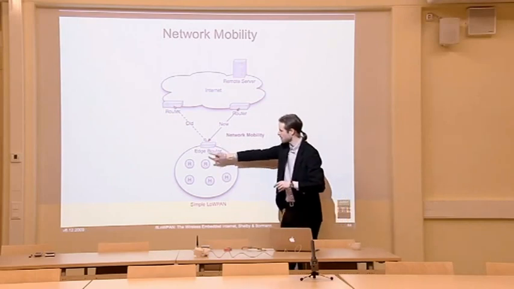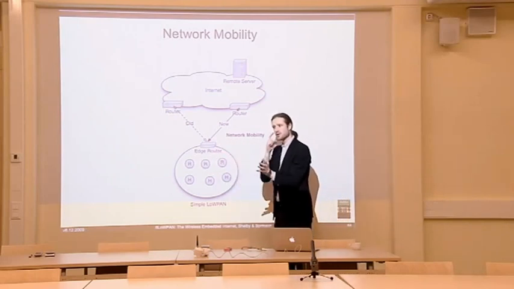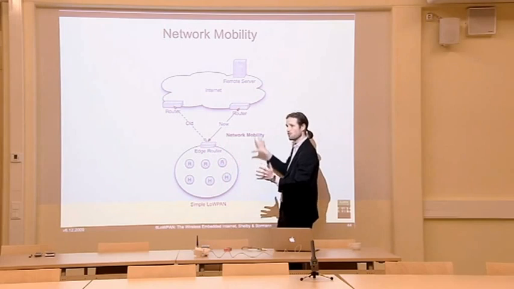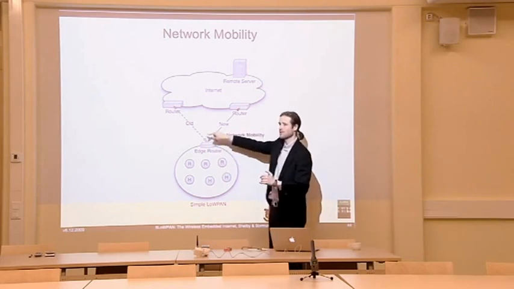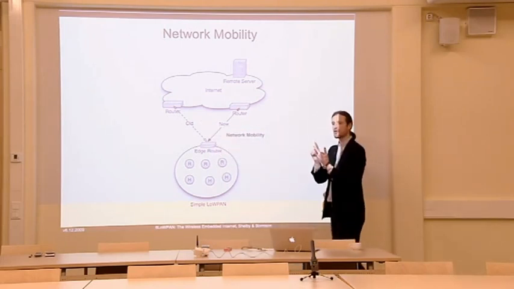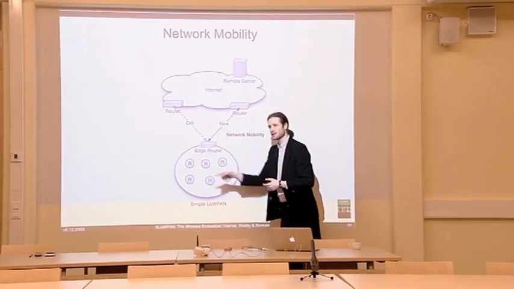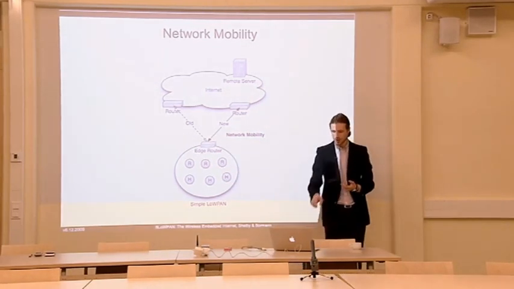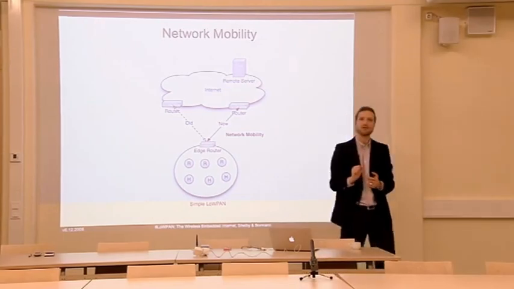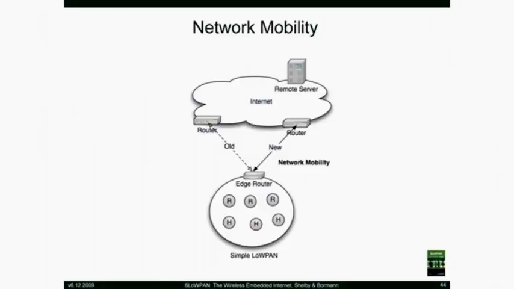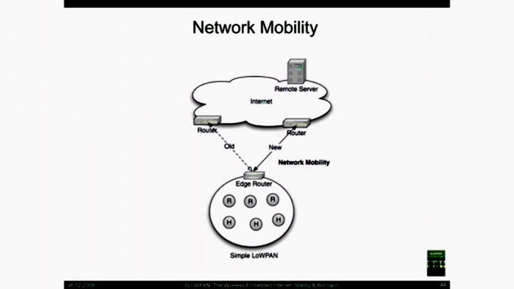So the edge router and all the nodes associated with it, so connected with it, move. And the edge router's point of attachment changes. So think about this as a mobile phone and its sensors. This truck that we had back before, this little truck in the warehouse, that may have sensors on board that are wireless. That will be part of the same mobile network.